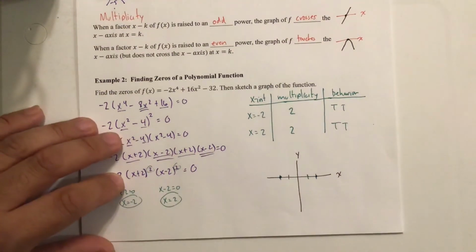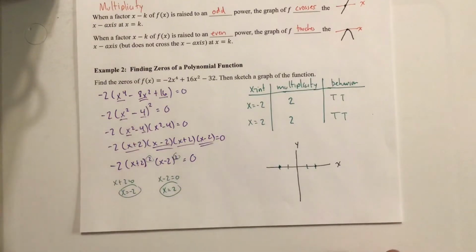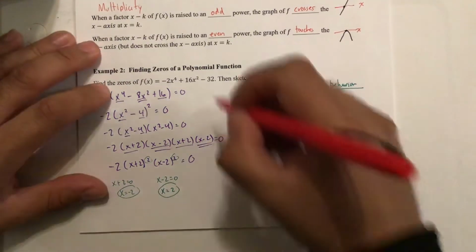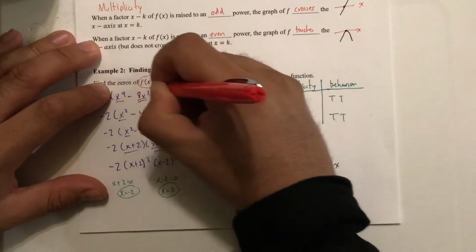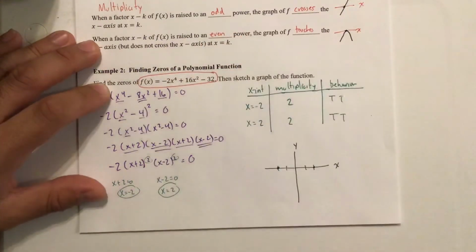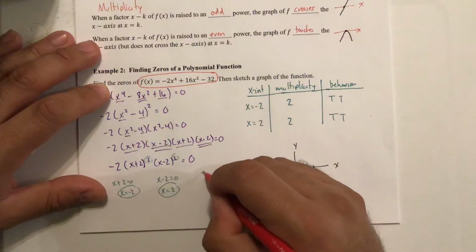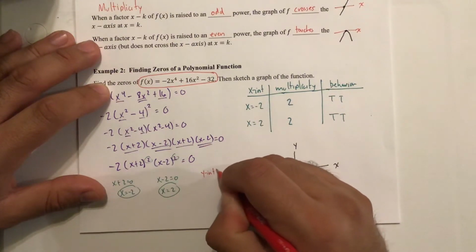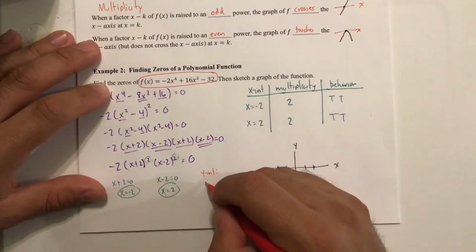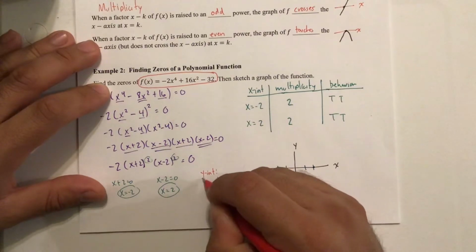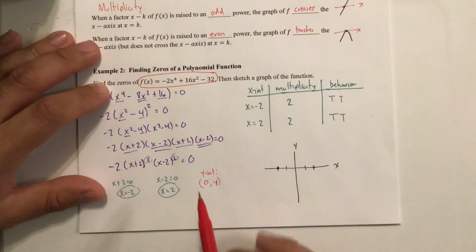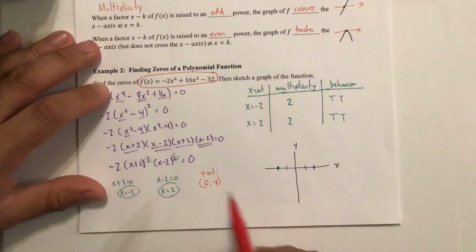Now, one thing that actually does help when you're graphing this is to find the y-intercept. So if I go back to this original equation right here, if you recall from previous math lessons, you would remember that the y-intercept is going to be 0, y. So what that means is every x value, you're going to make it 0, right?